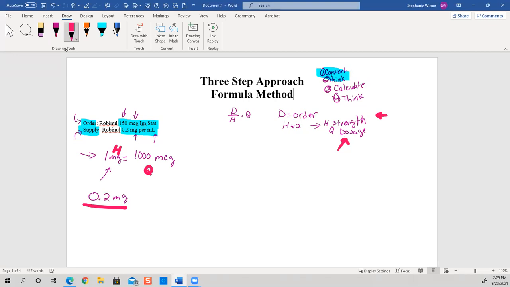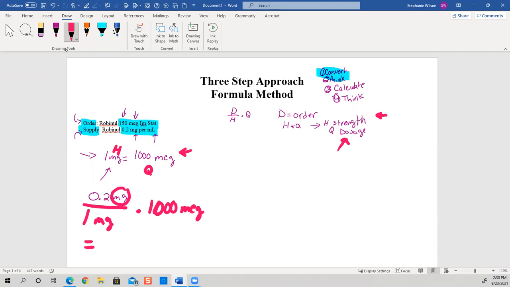But when we are doing the needed conversion, if you notice, they're both strengths. Okay. So how do I know which one's have? Have is going to be the one that's going to reduce with the one we're trying to undo. So this is my have. So I'm going to divide by 1 milligram. I'm going to multiply that by 1,000 micrograms.